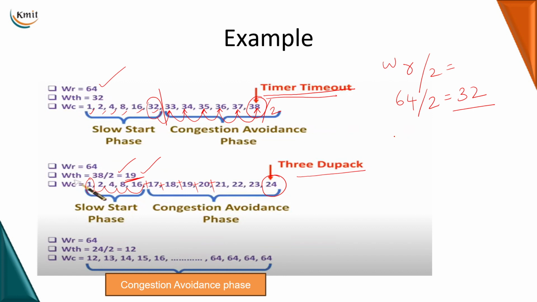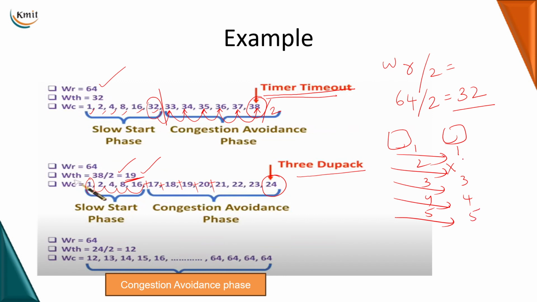What does this 3 duplicate acknowledgement mean? Let me tell you, TCP makes use of a 3 duplicate acknowledgement policy, where the sender is sending TCP segment 1, TCP segment 2, and then it has sent 3, 4 and 5. The receiver received TCP segment 1, it did not receive 2, but you have sent 3, 4, 5.